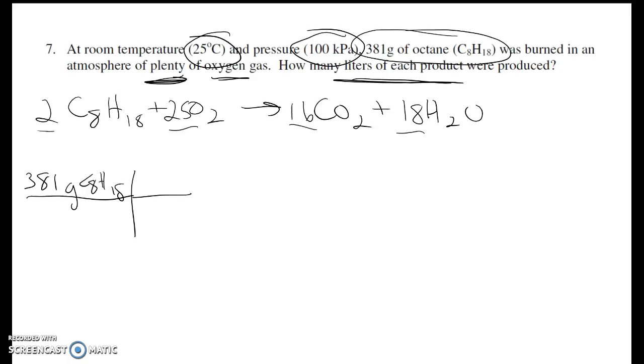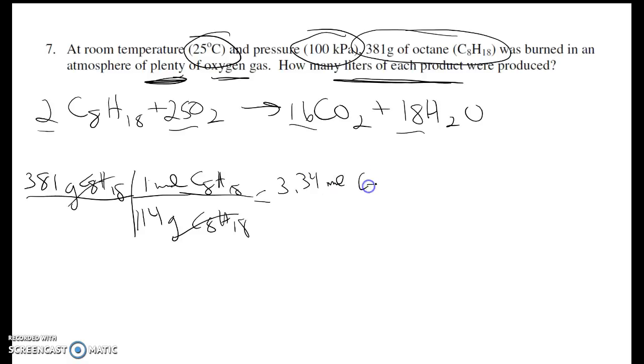Add 18 more to it, it's 114 grams in 1 mole. Now to get to moles of octane, I take 381 and I divide it by 114. And with my 3 sig figs here, I should have 3.34 moles of octane.